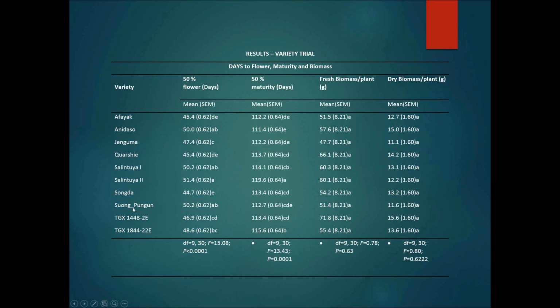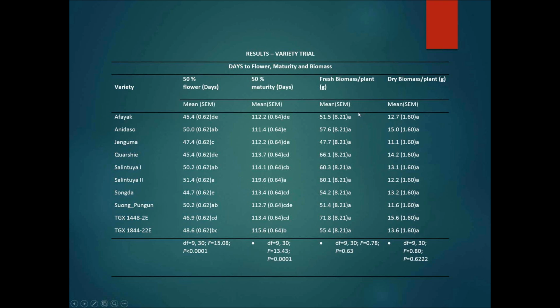I want to mention here that Songpong was later realized to be a mixture of Songpong and Sonda, so I want us to treat that variety with caution. Maturity ranged from 122 down to 115. 119 was the highest, that's 72.